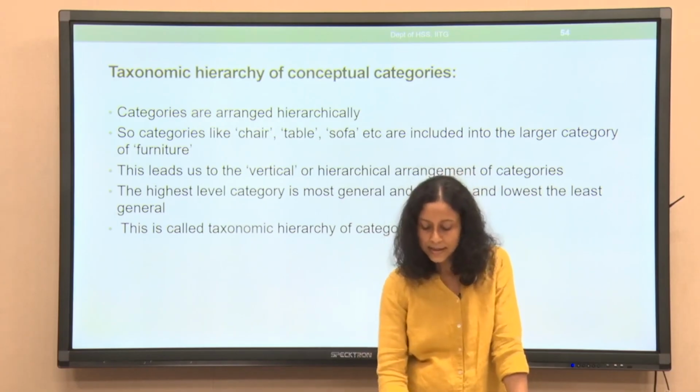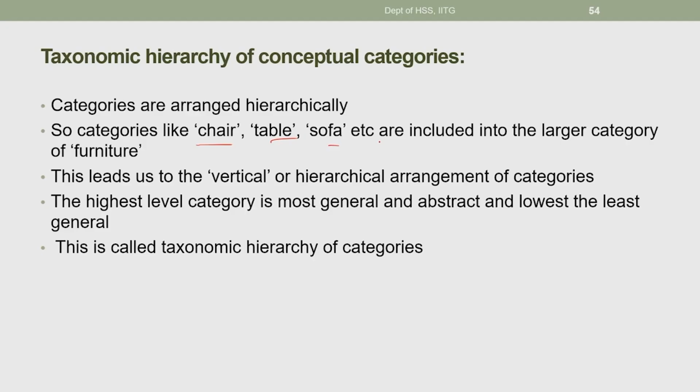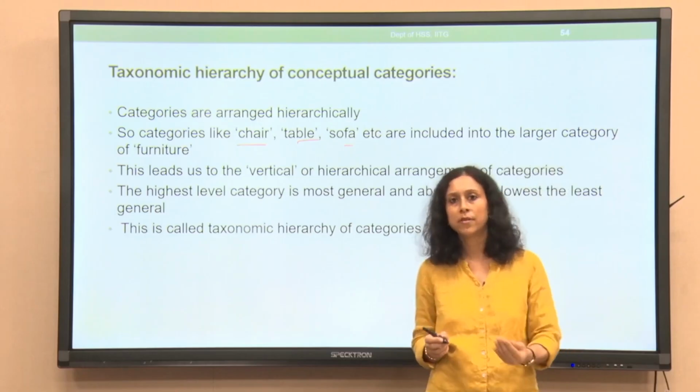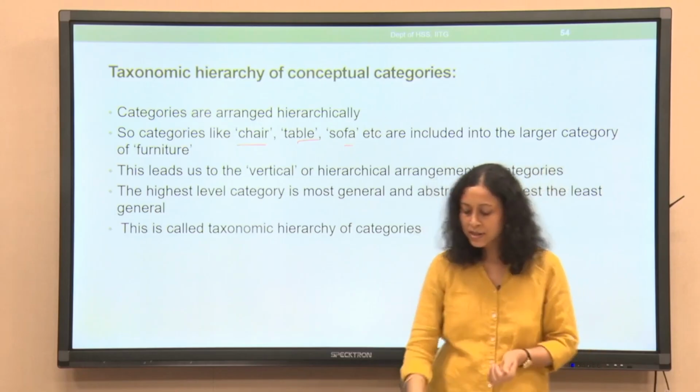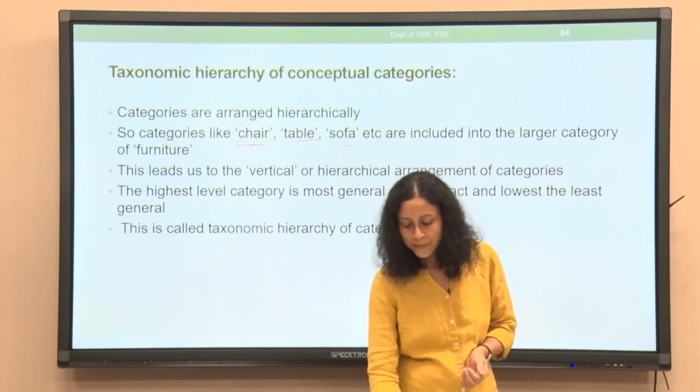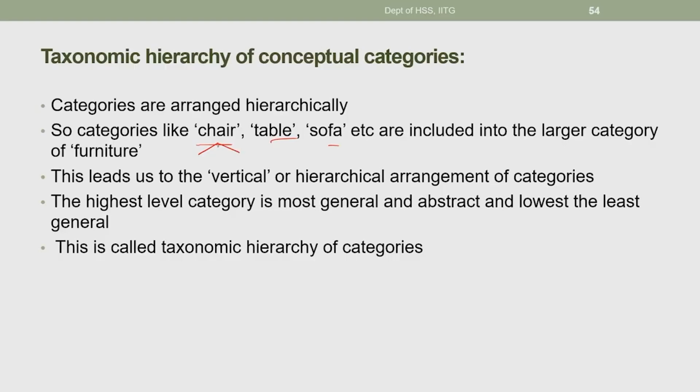For example, categories like chair, table and sofa are included within a higher, superordinate category, and that is again part of another superordinate category, and so on. Similarly, chair can have many types: office chair, lounge chair, study chair. Office chair may have revolving chair, non-revolving chair and so on. So, there is a taxonomic hierarchy of all the conceptual categories.